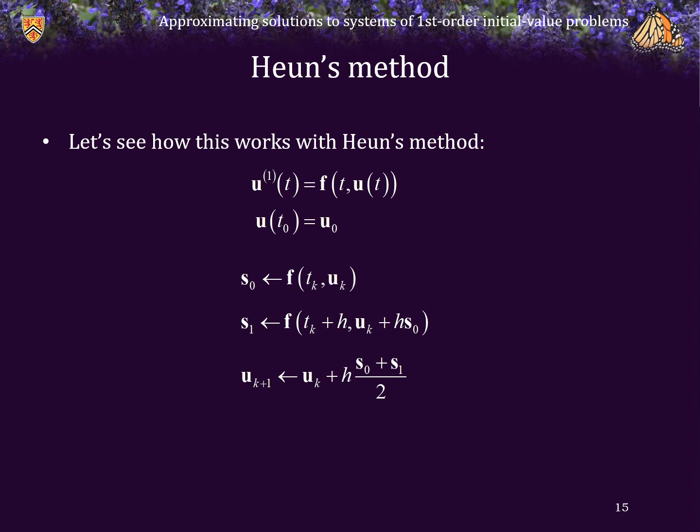And therefore, when we add them together and multiply that by the scalar h over 2, we get the average velocity across the interval from tk to tk plus 1, at least approximately. And thus, uk plus 1 is assigned uk plus h over 2 times the sum of two vectors. All of these are valid vector operations.